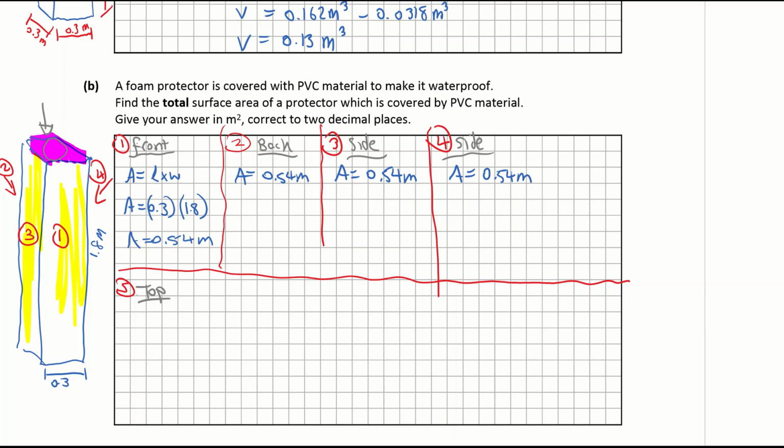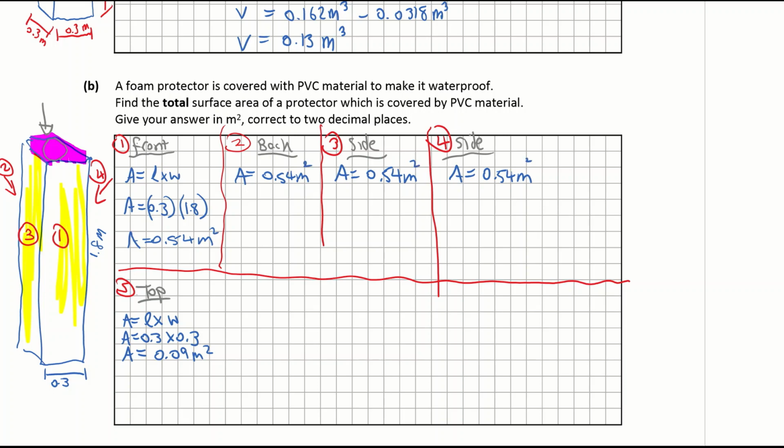So that's going to be an area of length by width, which is going to be 0.3 by 0.3, which is giving me an area of 0.09 meters squared. Sorry, these are all in squareds. Sorry, I have them as meters.